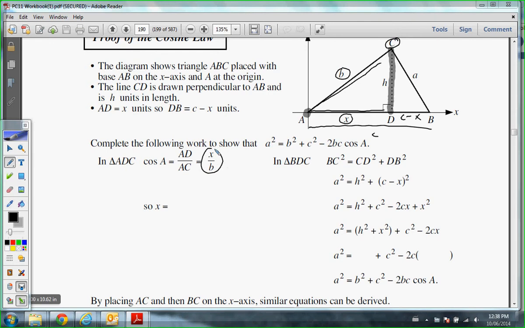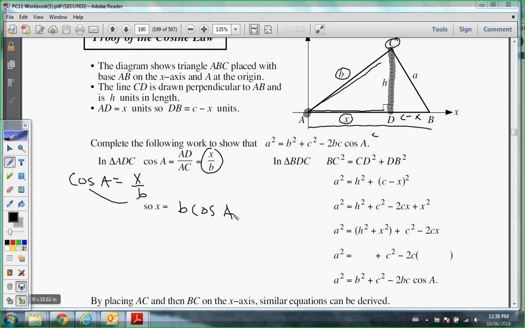So if cosine of A equals x over b, then x equals, times that b over, b cosine A. That's what we did earlier, right? So x equals b cosine A.